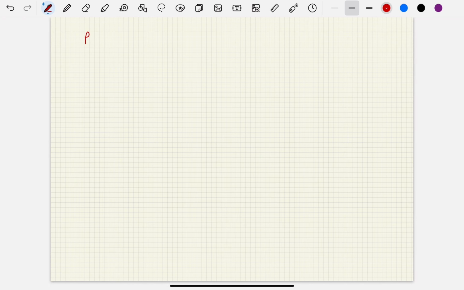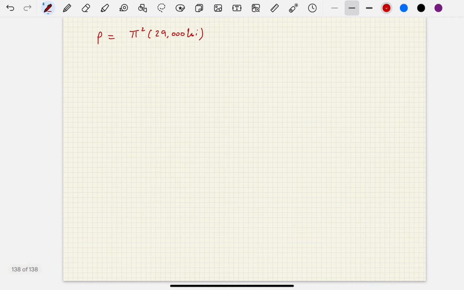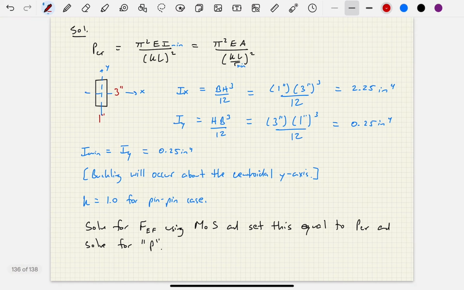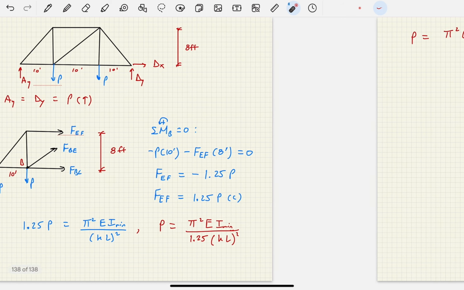So I'm going to say P equals pi squared times 29,000 KSI. And then what was I min before? I'm scrolling back here. That was 0.25 inches to the fourth, okay?